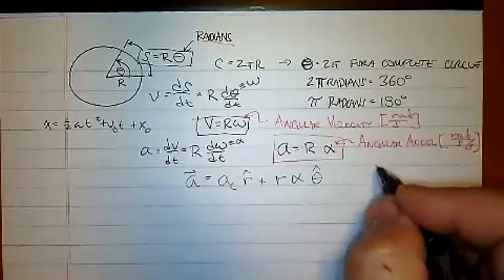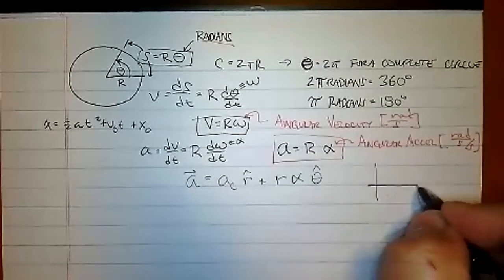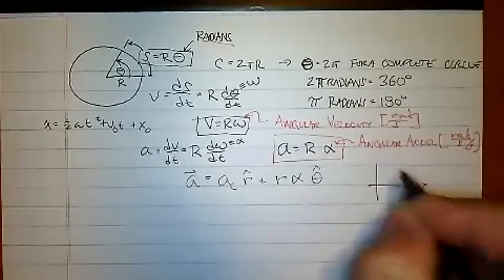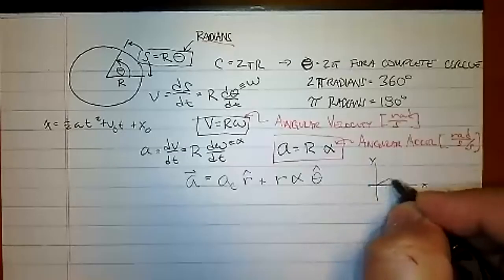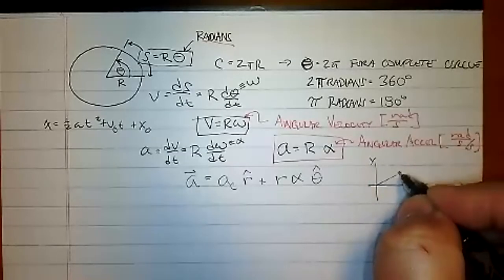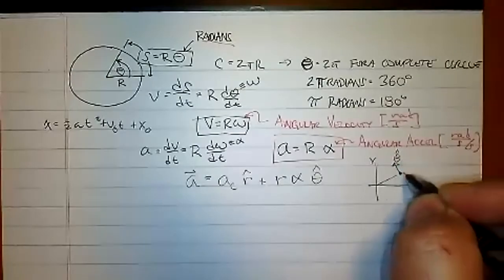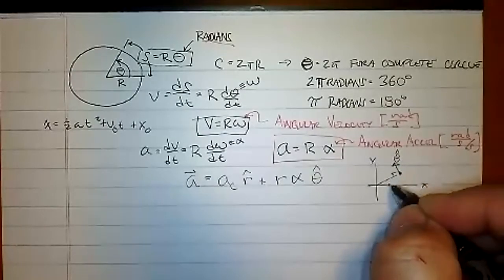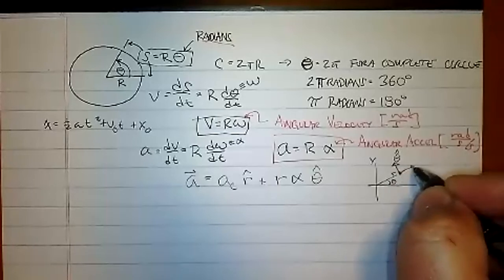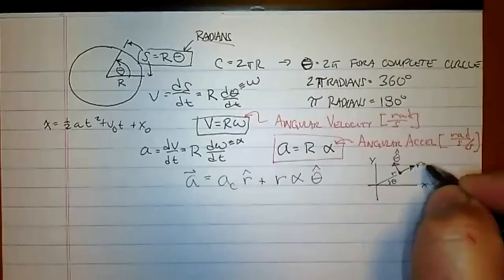Okay, so remember, in terms of coordinate systems, this would be x, this would be y, this would be the point right here. Theta hat points that way, perpendicular to that line. This is theta, and r hat points this way.